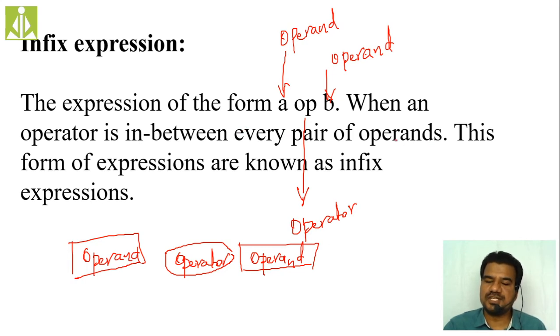Examples you can frame many: A plus B, A minus B, A plus B minus C. All these are infix notations because the operator is always coming between the operands.